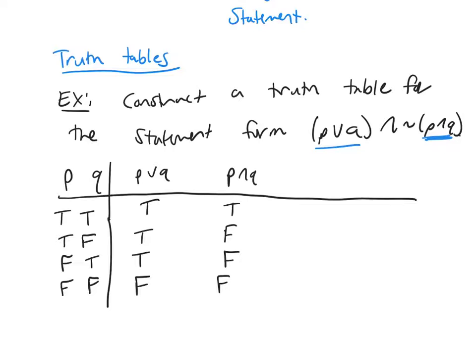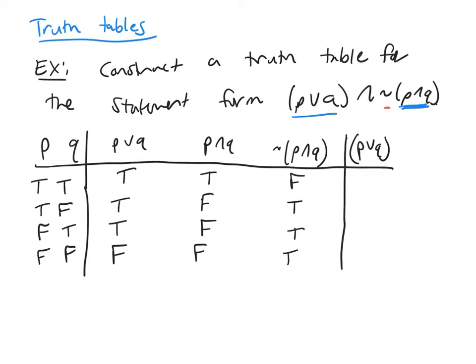And then I can take care of this negating, not (P and Q). Flip the entries in that last column. And then finally, we can put together all this into our last entry, P or Q, and not (P and Q).